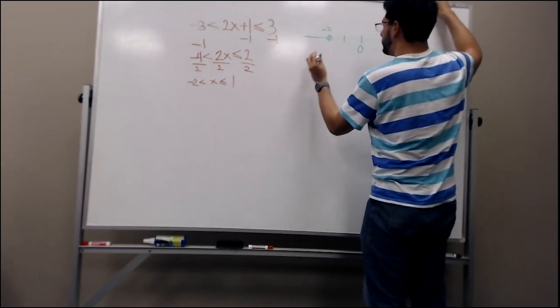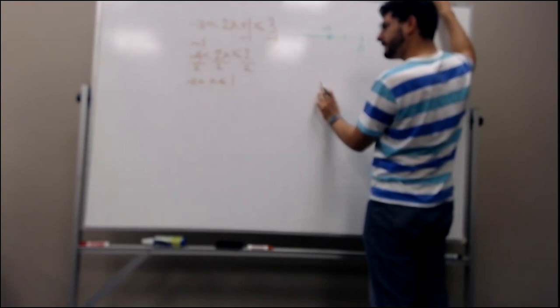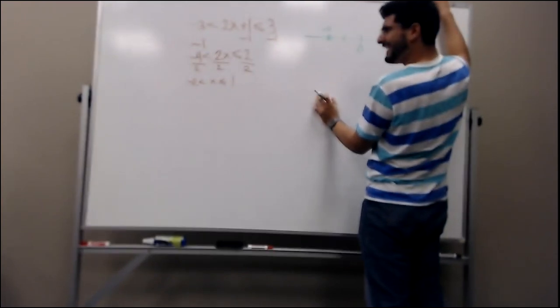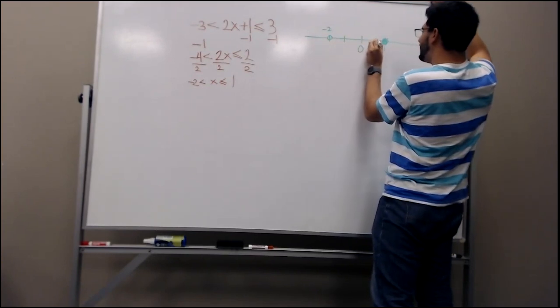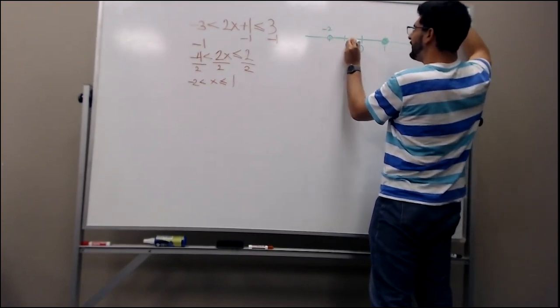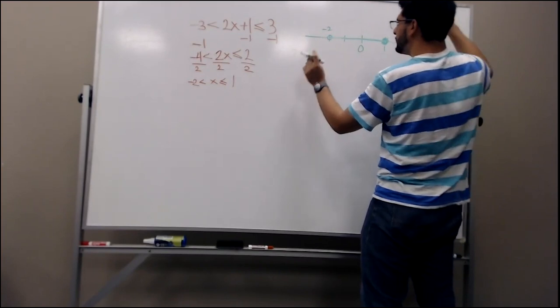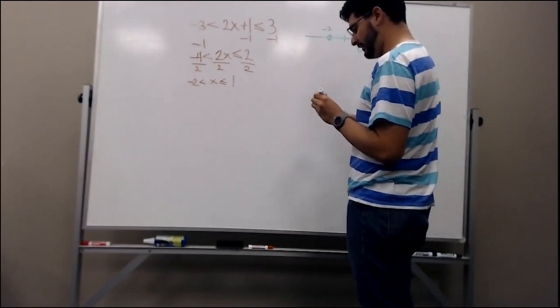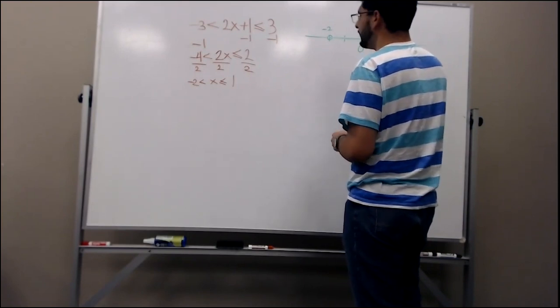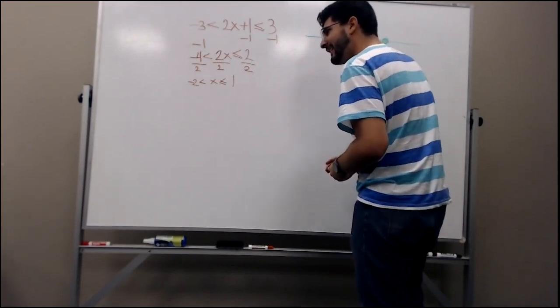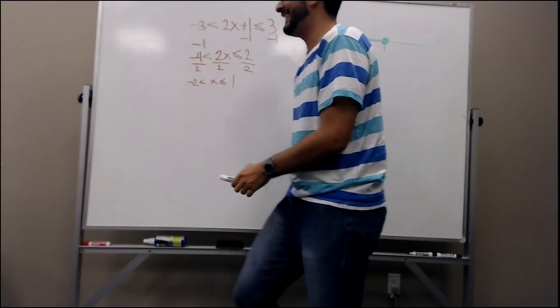So between these two points, all the numbers between these two, up to and including 1, that inequality holds. All right. That's it.